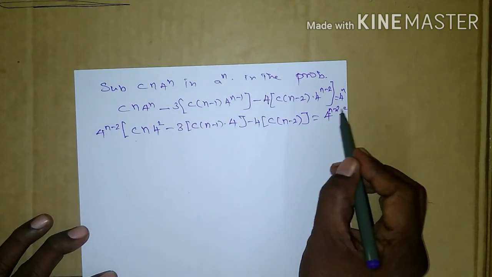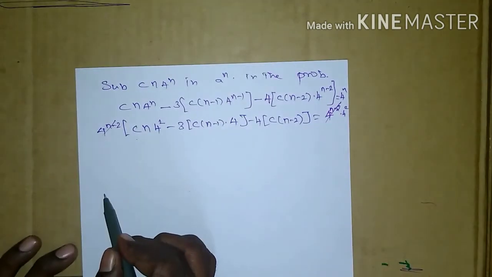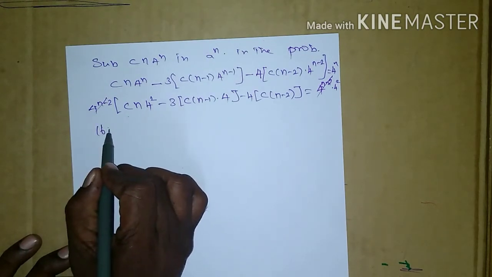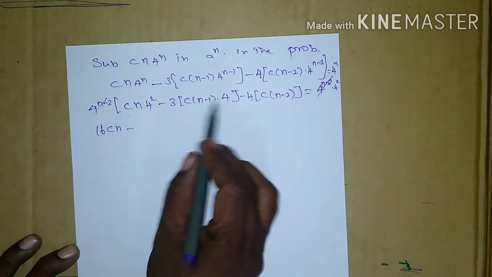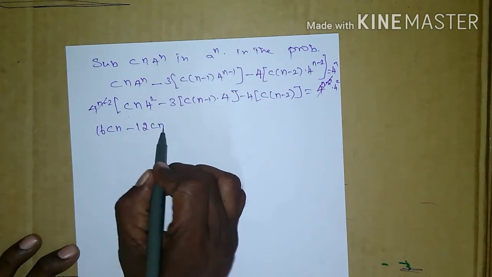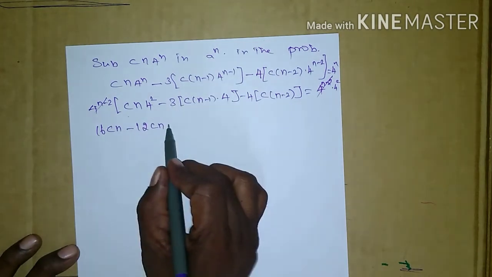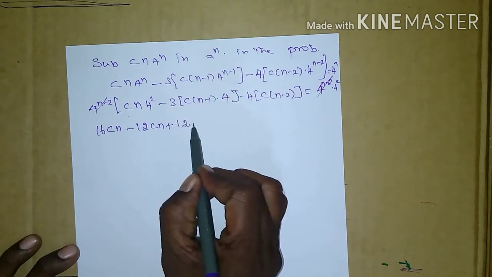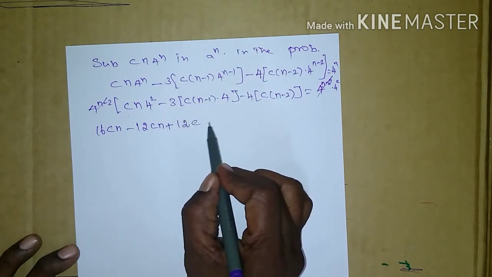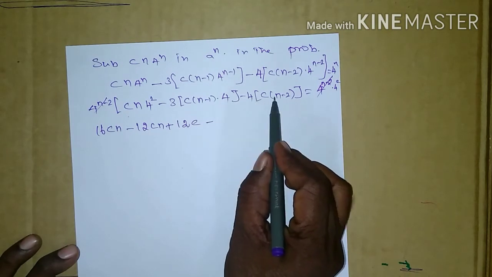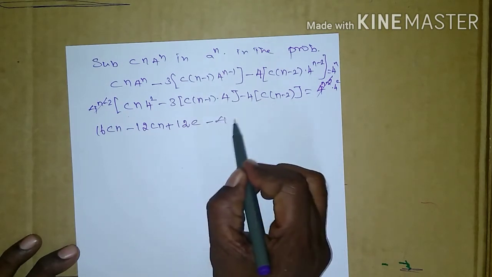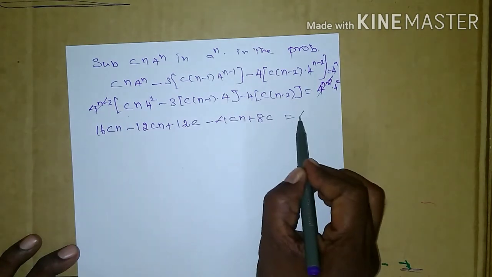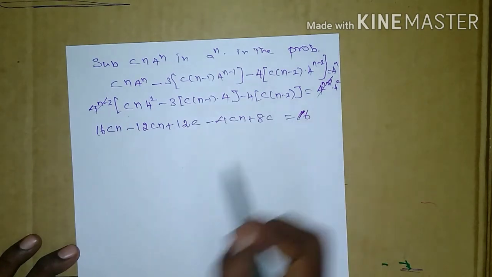Therefore cancelling 4 power n minus 2, we have 4 square is 16 Cn minus 12 Cn plus 12 C minus 4 Cn plus 8 C equal to 16.